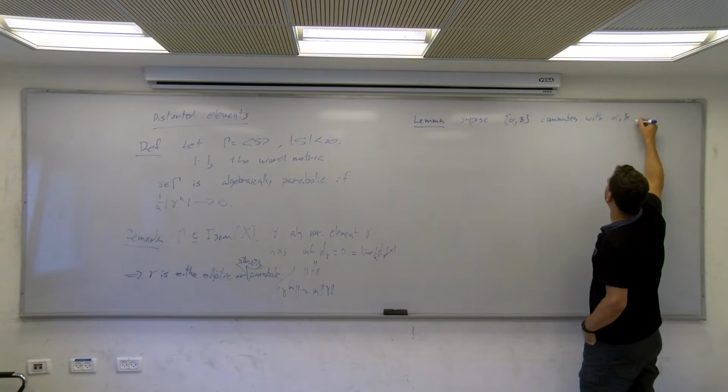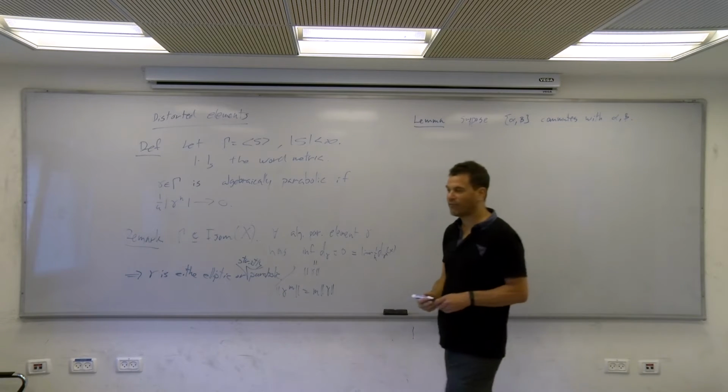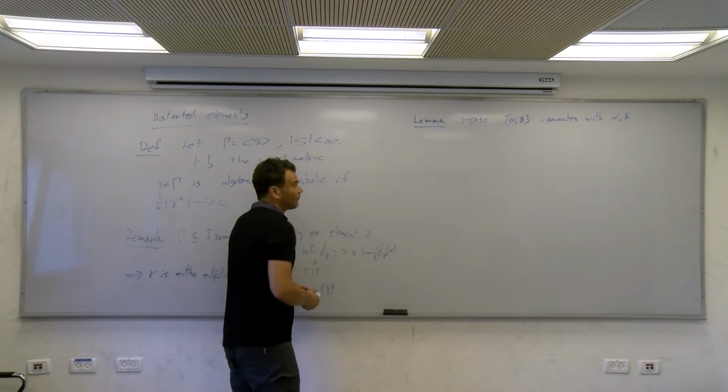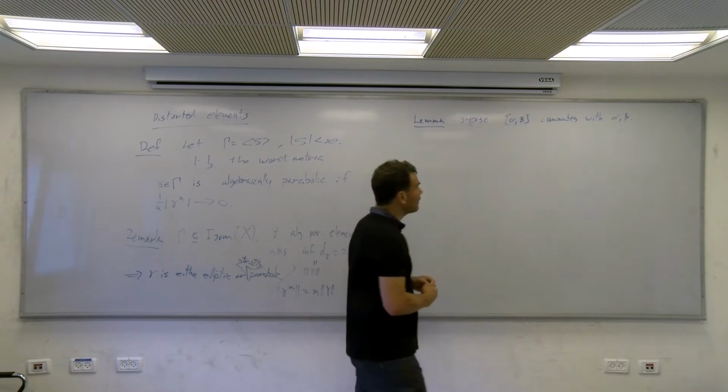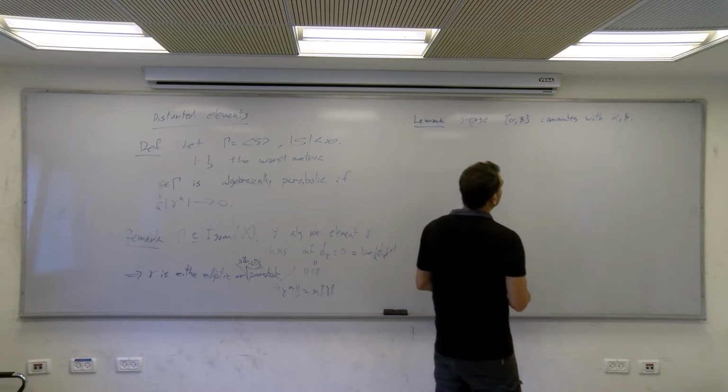In other words, alpha and beta generate a nilpotent group of class 2. Then you do some computation.